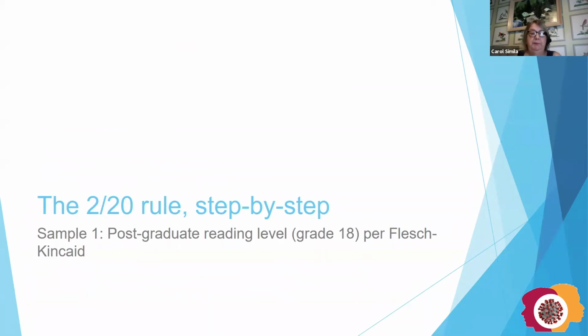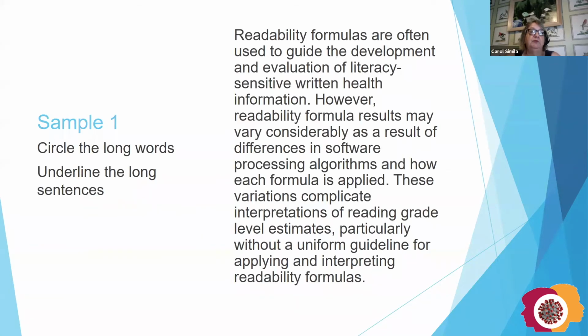Okay, so step by step, let's take a look at a postgraduate reading level text. Postgraduate meaning grade 18 in this case. So this is sample 1. If you have this printed out, you can circle the long words and underline the long sentences.